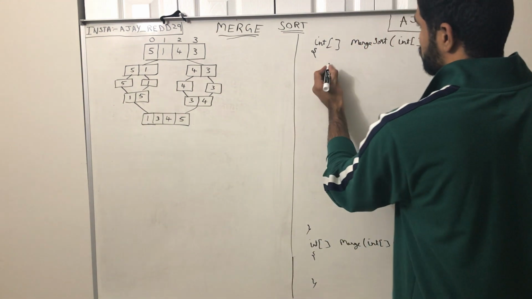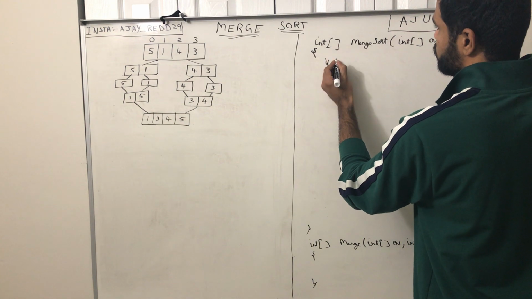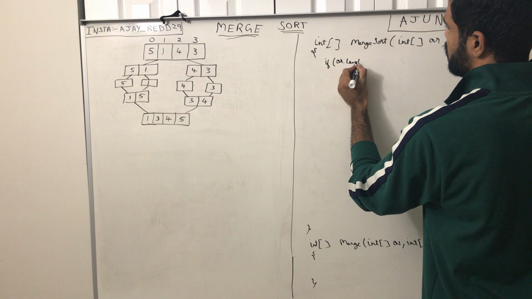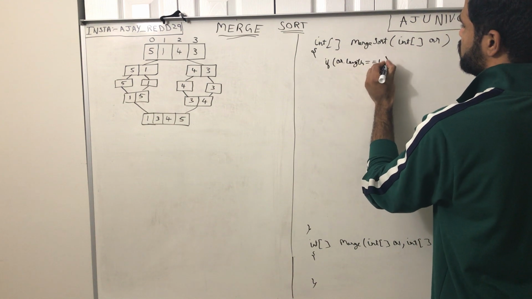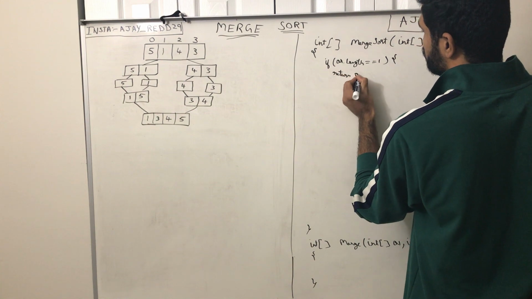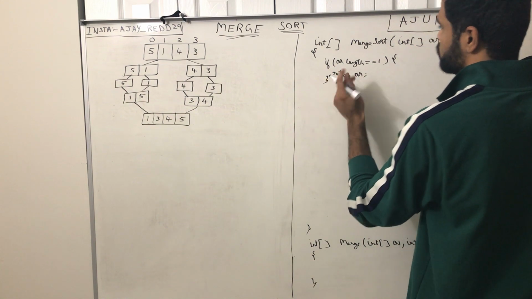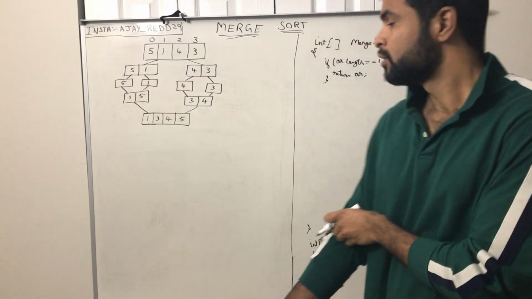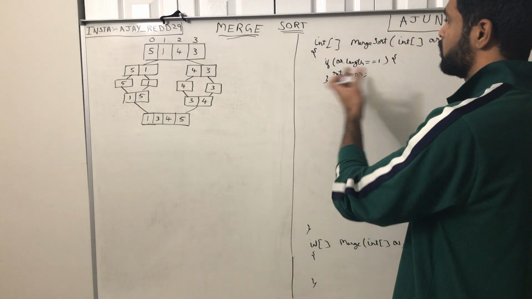So I will check that condition: if array dot length equal to 1, then I will just return that array. It's already sorted, so when the array length is 1, I'm just returning the array. That is the condition for that.